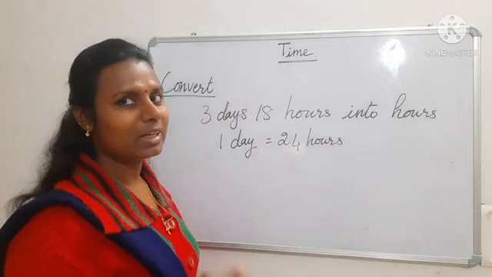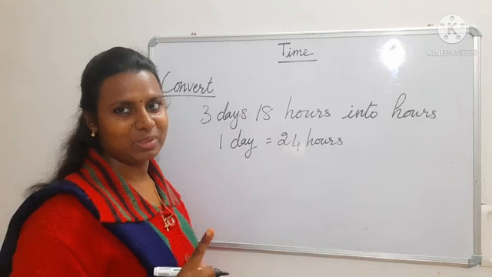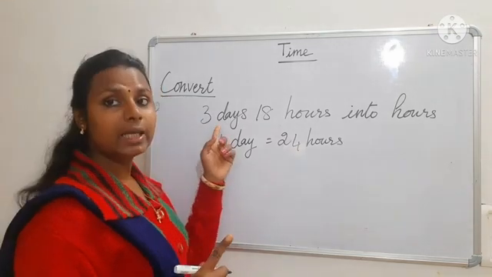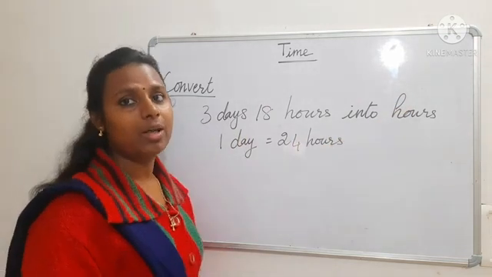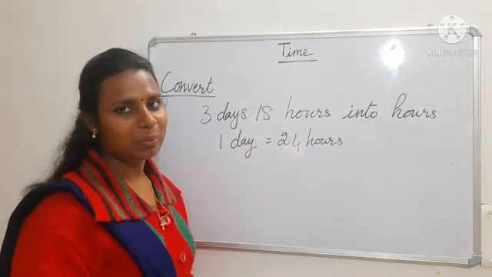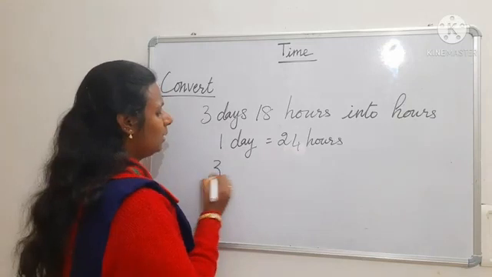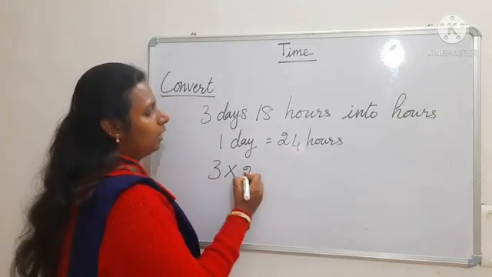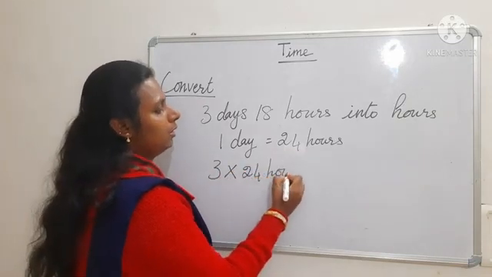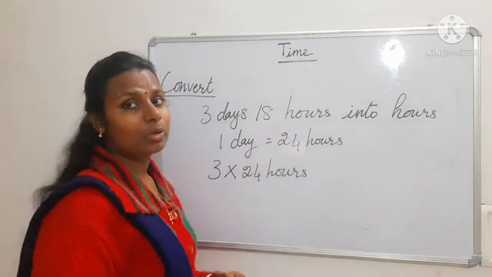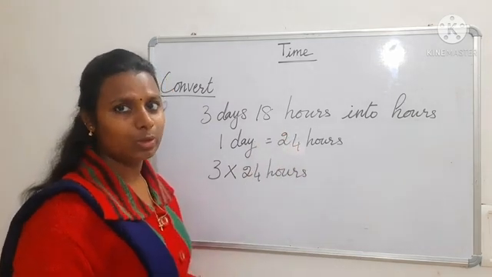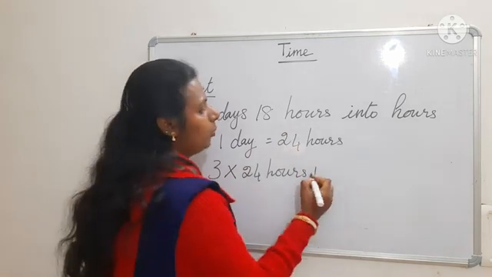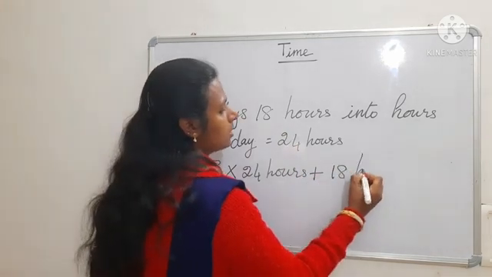The second step, whether I have to multiply or divide. See here, 3 days to hours. From higher units to lower units we are converting, so we have to multiply. So 3 multiplied by 24 hours. These hours we keep as it is, and at last we add that. So plus 18 hours.